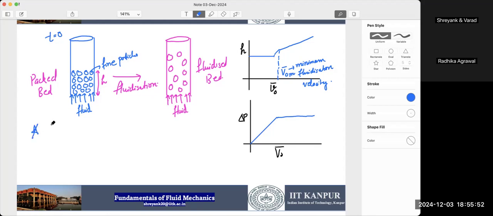Our objective is to know how to calculate the minimum velocity required for fluidization, that is V naught m, the minimum superficial velocity required.